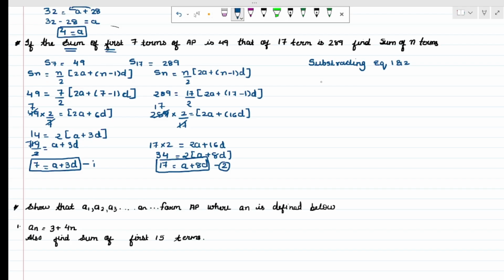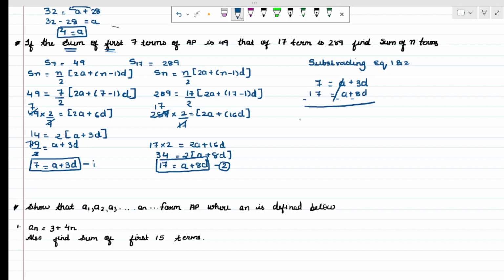Our first equation is 7 equals A plus 3D, and our second equation is 17 equals A plus 8D. Now as we know, this A and A are going to be cancelled. So first we need to change the sign of all the three terms. Then eliminate them: this plus and minus A is getting cancelled.